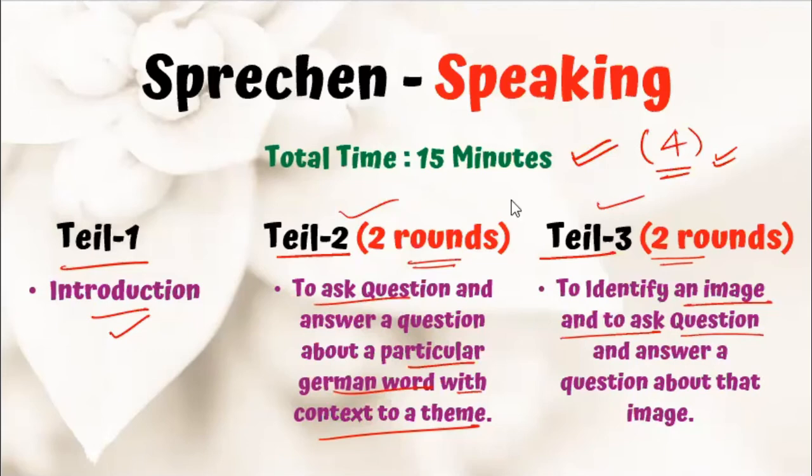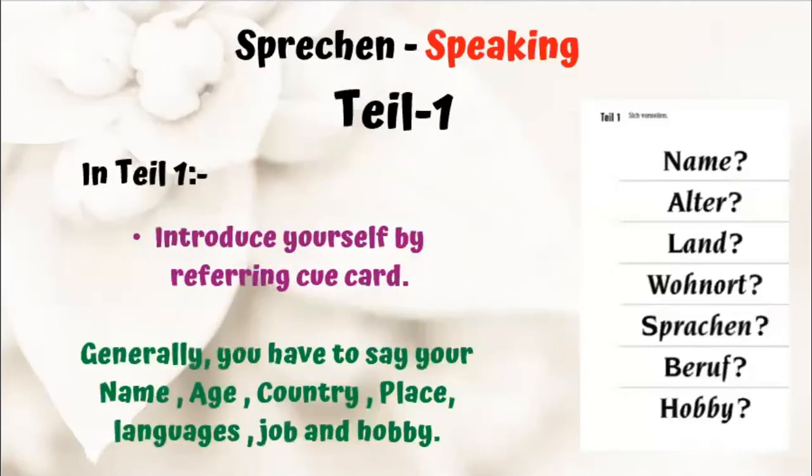Next thing. In tile 1, you have to introduce yourself by referring to a cue card. A typical cue card looks like this. You have to say your name, like, let's say your name is Rohan. Ich bin Rohan.